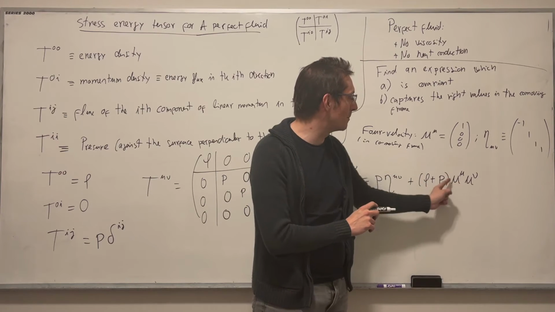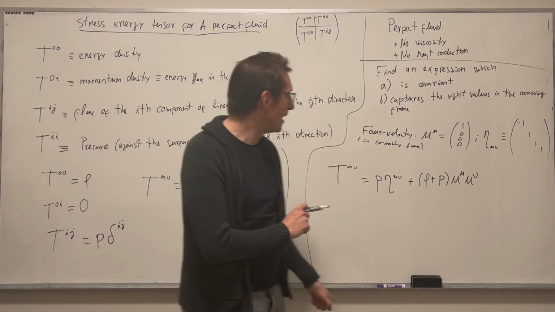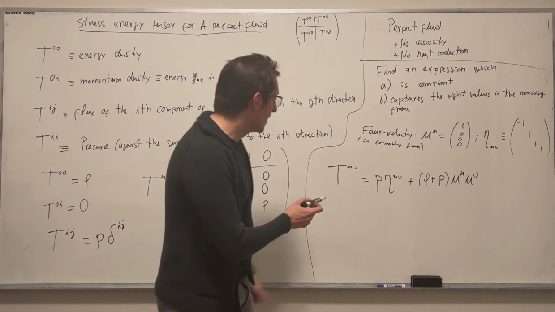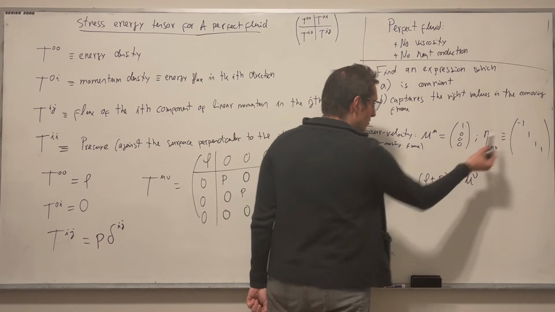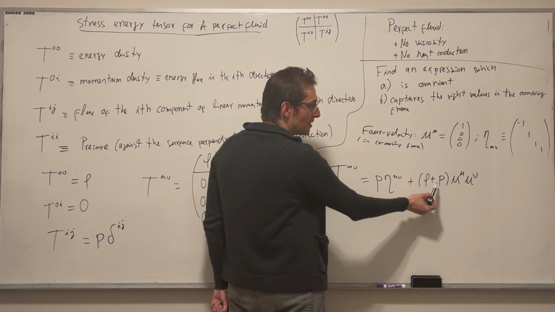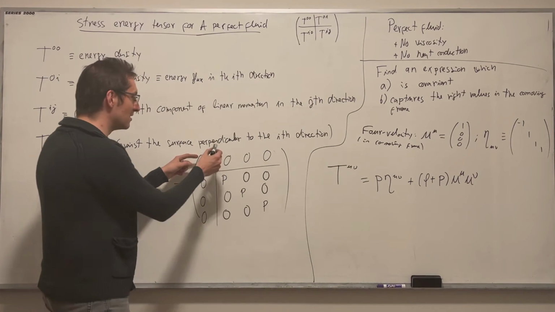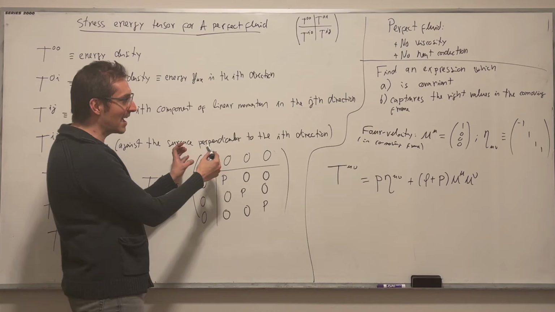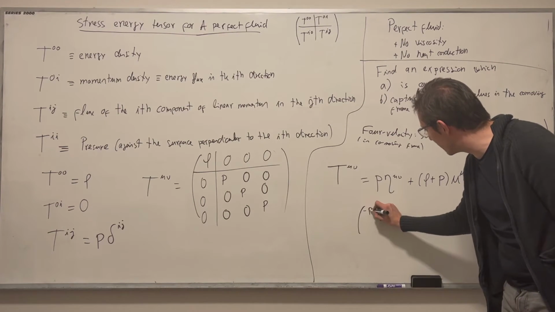You can think of this as the components of the tensor product of the four-velocity with itself. Okay? Now, what does that do? Let's see. The 0, 0 component would be minus p coming from this minus 1, plus rho plus p because this thing is 1 and 1. Nice. So that would cancel the minus p that I had here when I multiply this thing. If I write it in matrix representation, it would be minus p.